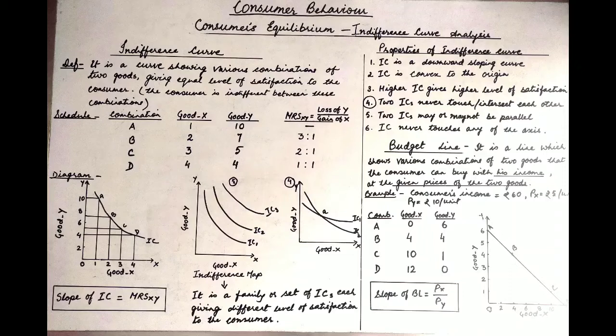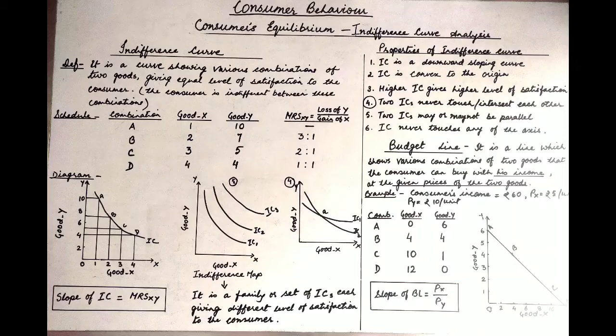If marginal rate of substitution for both the curves is same, they will be parallel, otherwise not. And the last property is indifference curve never touches any of the axes. It is because there is no combination which consists of 0.